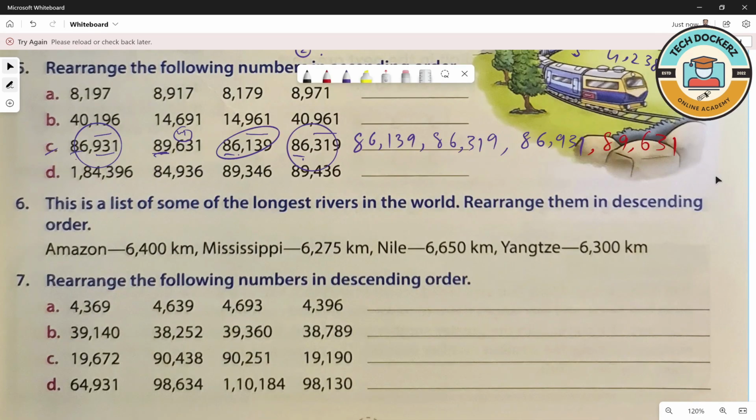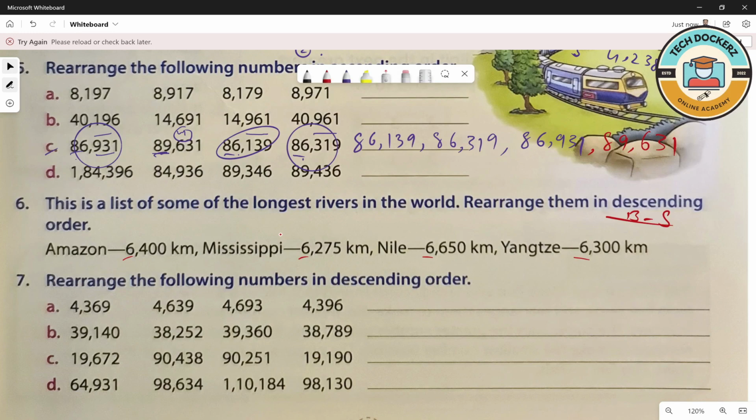This is a list of some of the longest rivers in the world. Rearrange them in descending order. Descending order is biggest to smallest. We need to start with the place value chart. The 1000 place value is 6, 6, 6, and the last one is also the same.